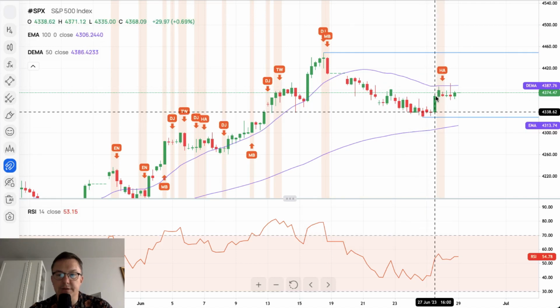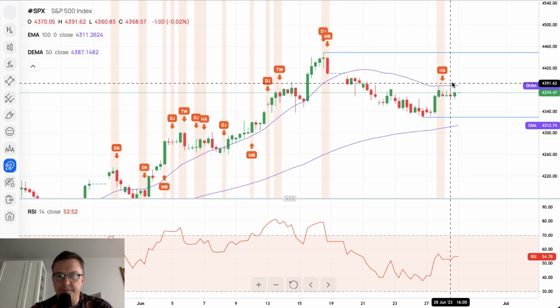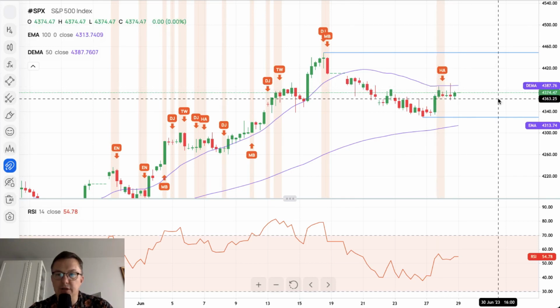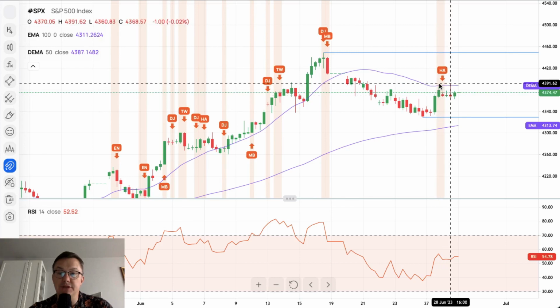Then we got this bullish engulfing, then the confirmation, but eventually a Harami pattern occurred and the market hit the 50 periods moving average on the 4-hour chart, located around 4,387 points, and so far is being rejected from this level.